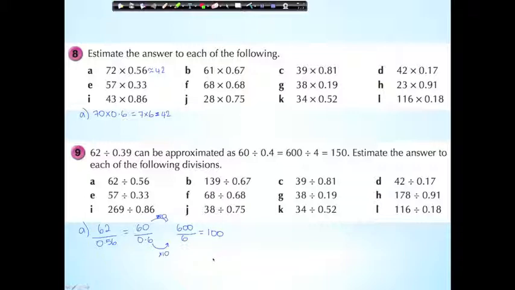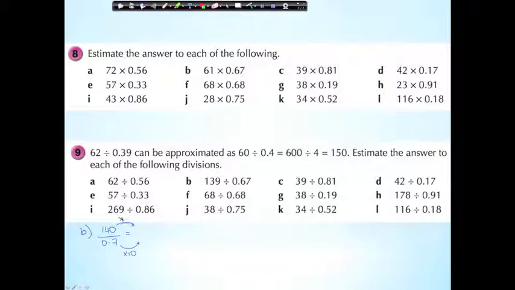You're going to do the same thing with the rest of the questions. So maybe we'll go through one more together. For question 9b, I've got 139 divided by 0.67. So I'm going to round the 139 up to 140. Then I divide that by, and I round it up to 7, so divided by 0.7. So we want to keep the division the same, but I want to get rid of that decimal. So to get rid of the 0.7, I can times it by 10, but that means I also have to times the top number by 10 as well.